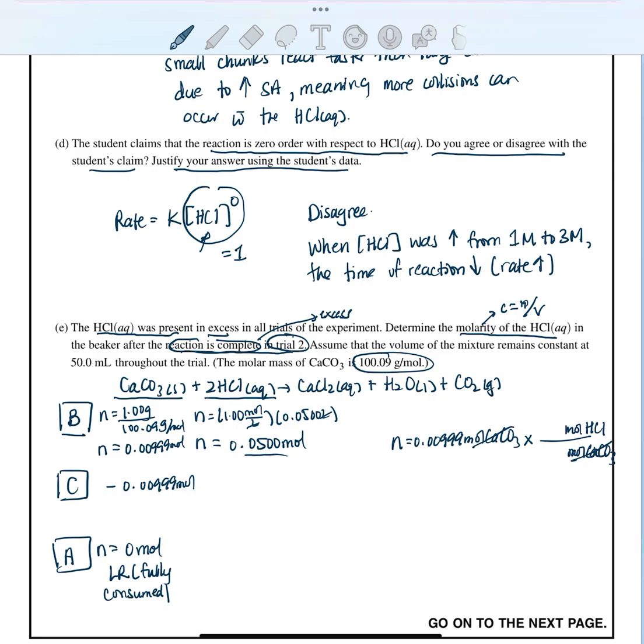That's what I want to figure out. And I know that for every 2 moles of HCl used, that's my balanced equation, 1 mole of CaCO3 is used. So the moles of HCl actually used are 0.0200 moles. So this is what is reacting.